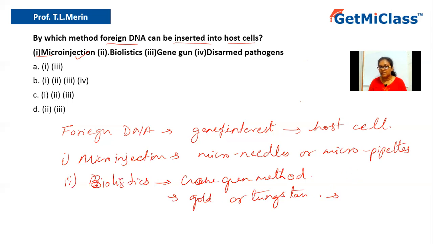So these gold or tungsten particles will be coated with the gene of interest, or you can say foreign DNA, and then bombarded onto the host cell. They pierce into the host cell, and that's how we carry the gene inside it. So the second one is also correct, and gene gun is nothing but biolistic, so the third is also the same.